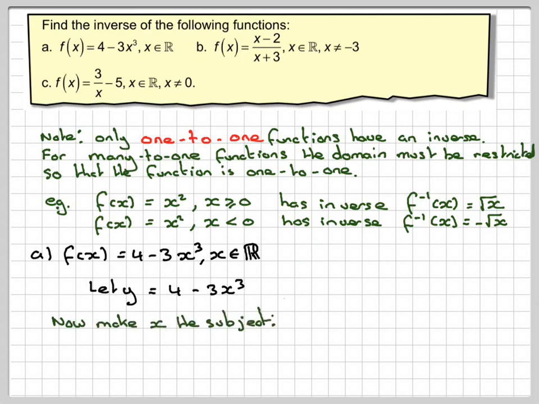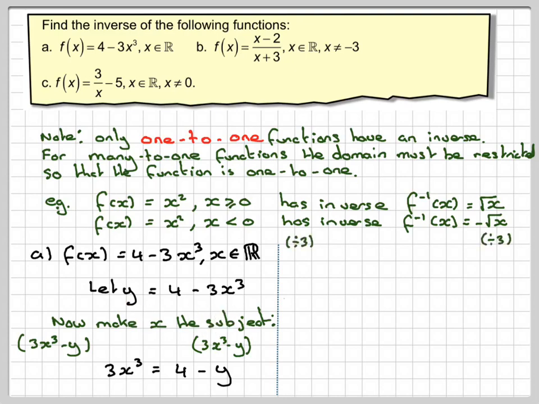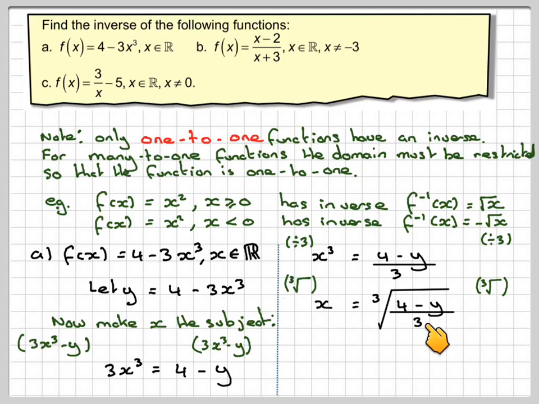So just applying the normal rules of algebra, if we add 3x cubed and minus y to both sides, that will have the effect of making this side 3x cubed, and then this side will become 4 minus y. And then dividing both sides by 3, we're going to have that x cubed is equal to 4 minus y over 3. And then to find x, we'd have to take the cube root. So the cube root of 4 minus y over 3.